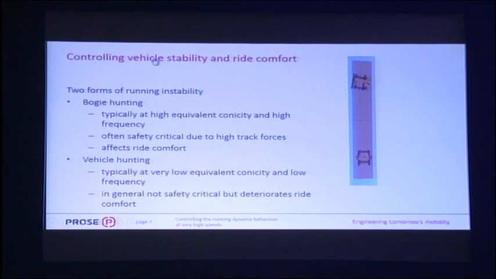This happens typically at high equivalent conicities and has a high frequency. This hunting movement is safety critical because it produces high forces on the track and on the wheel set, and it affects the ride comfort.